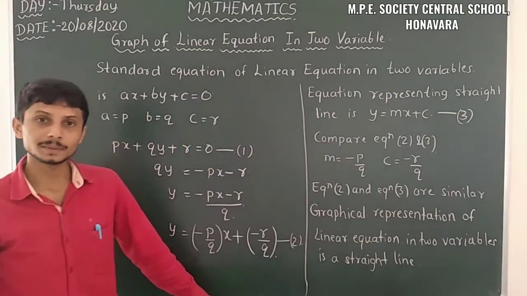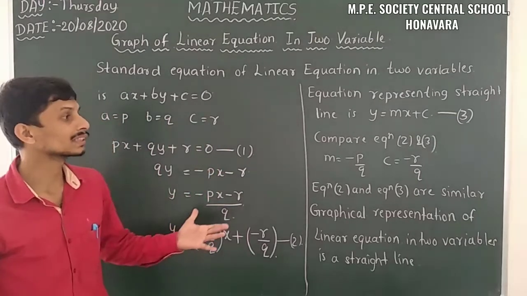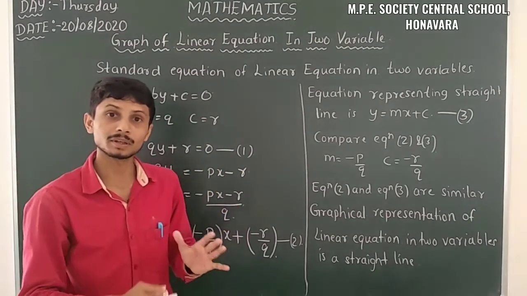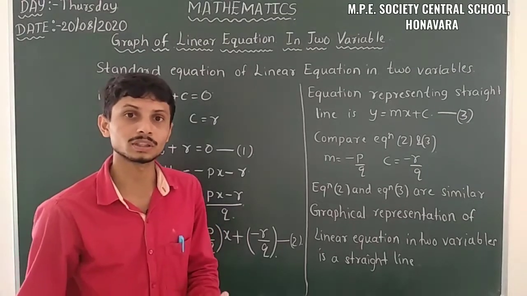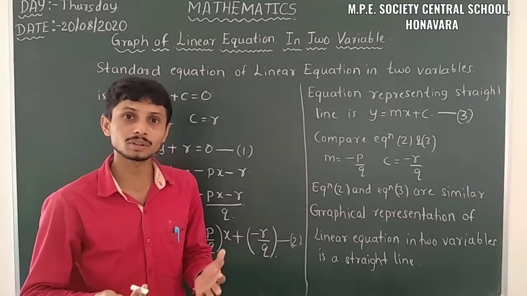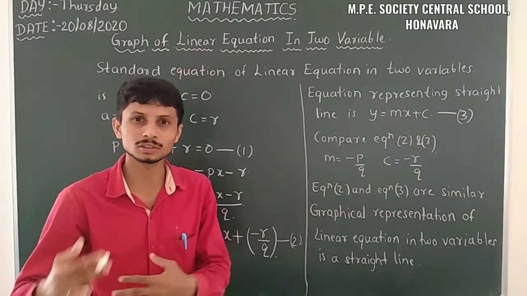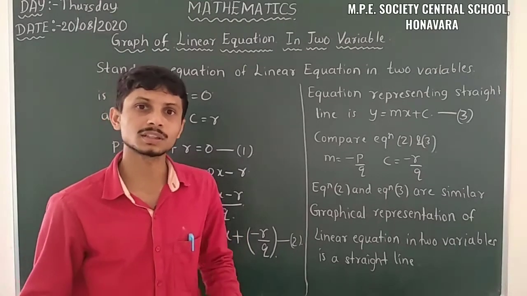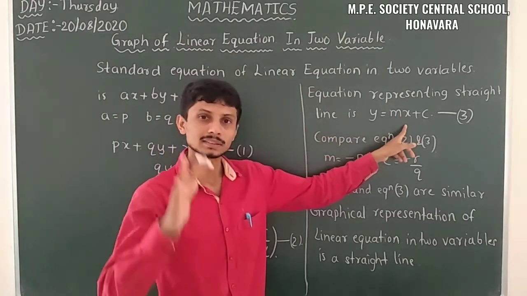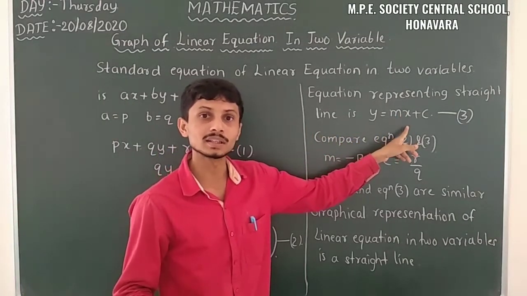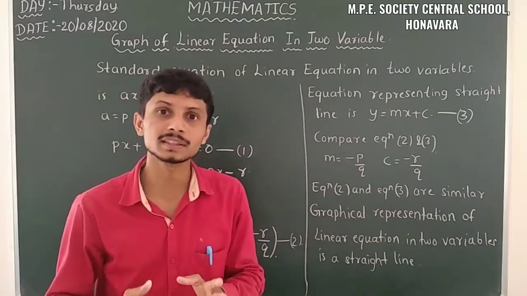So we got algebraically that it is a straight line, because when we are transposing that equation and having it in the form of y is equal to so and so into x plus some constant term, that equation is in the form of y is equal to mx plus c. That equation is nothing but the standard equation representing the straight line.